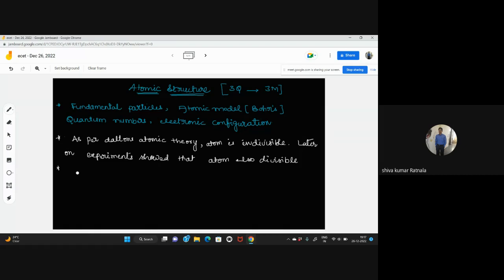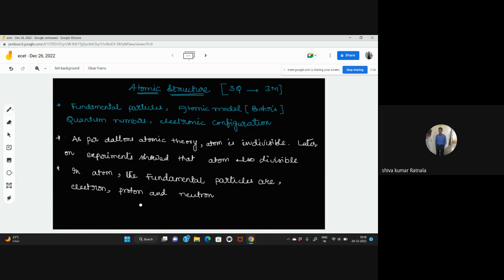Out of that, in an atom the fundamental particles are electron, proton, and neutron.